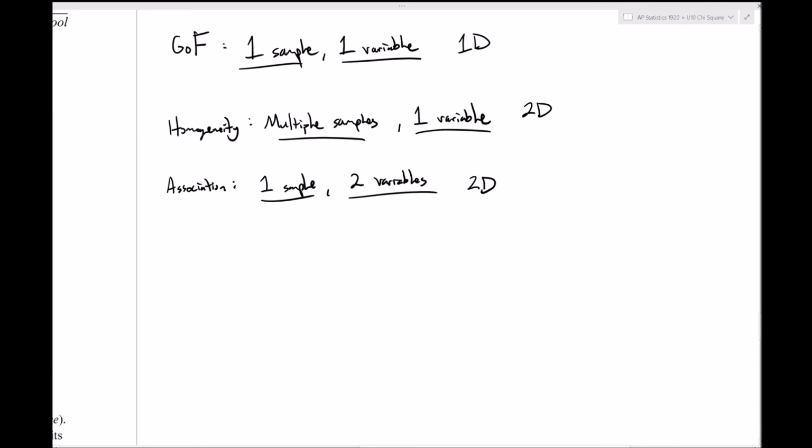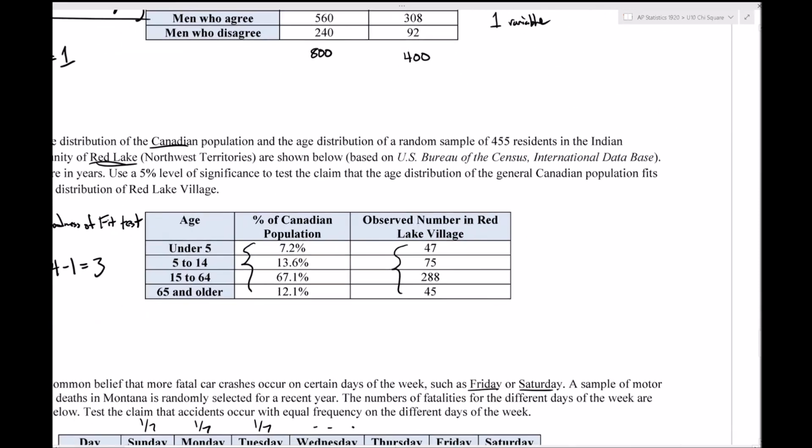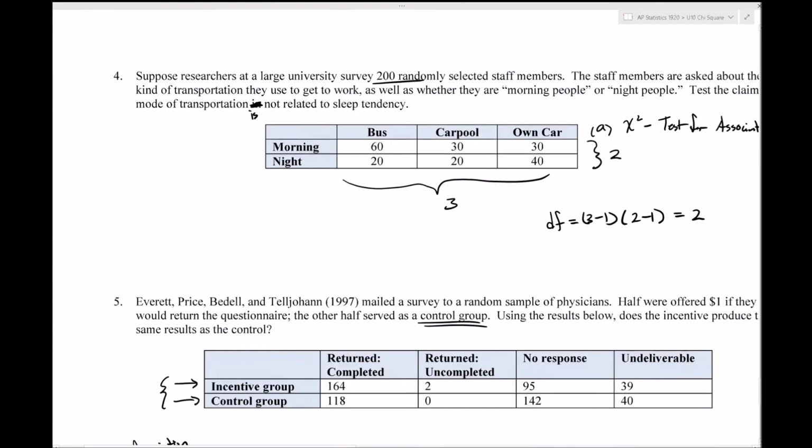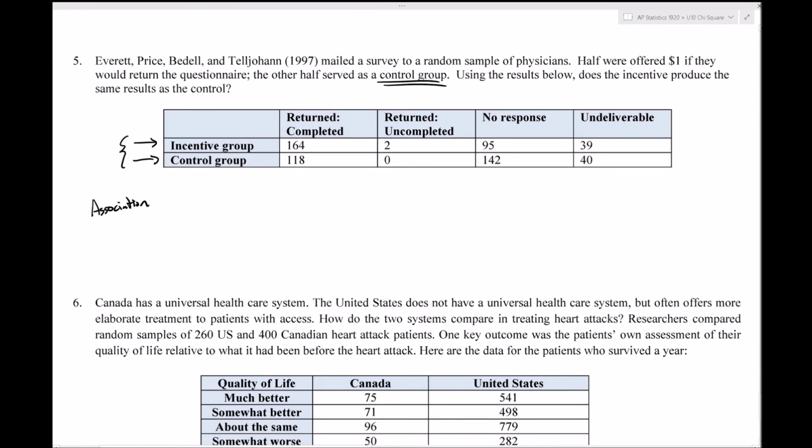So data for one sample, and then there's only two variables. So the variable would be which of the two treatment groups they were in versus what the outcome was. I think that's the response variable. Yeah, the outcome in this case: they returned it and completed it; returned it, but uncompleted or incomplete; there was no response; or undeliverable, which I don't know how they would determine the difference between a no response and an undeliverable situation.